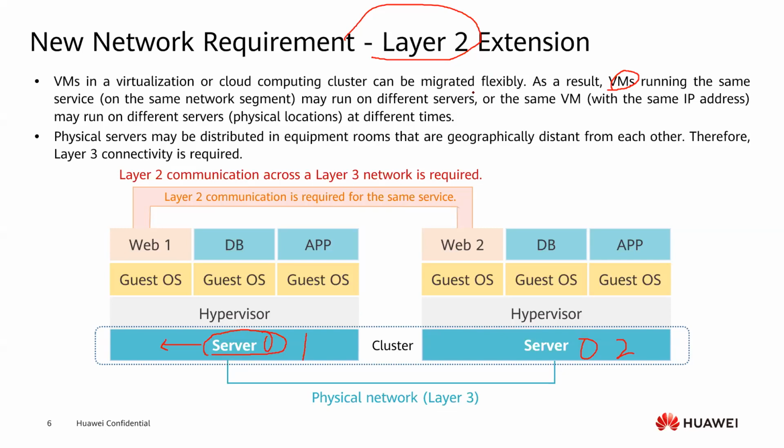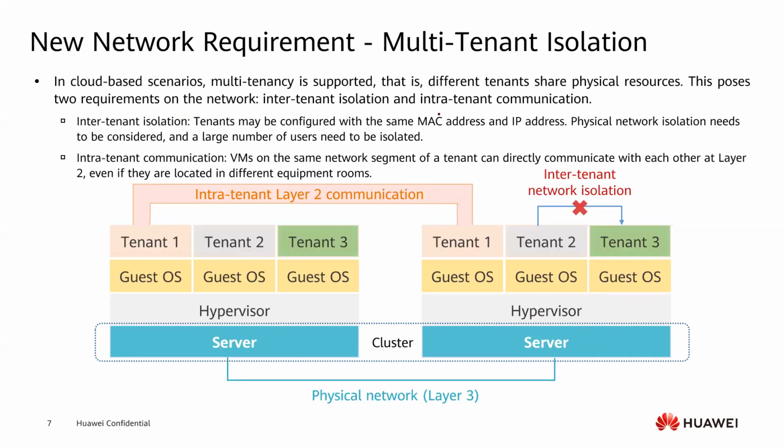That is why we need to use VXLAN. VXLAN can meet this requirement. Another requirement is multi-tenant isolation. What does it mean? The cloud computing service provider provides resources for different customers. Every customer occupies resources, and we say these resources belong to a tenant.